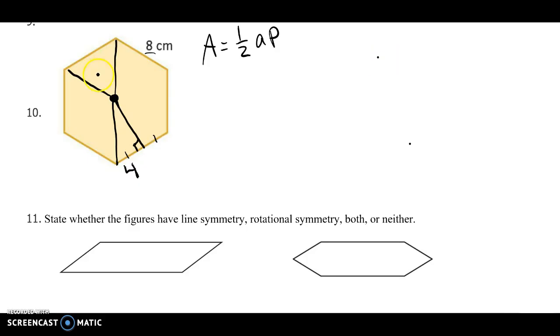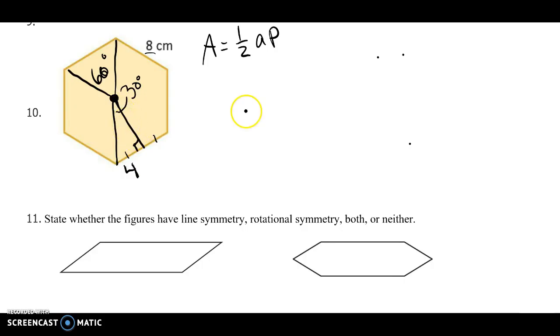They'll all be 360 divided by 6, or 60 degrees. So if that's 60 degrees, well, this thing is 1/2 of one of those. So this right here will be 30 degrees. Okay? Okay. So now if we know that this angle right here is 30, that this side is 4, well, we can use trig to solve for that last side.